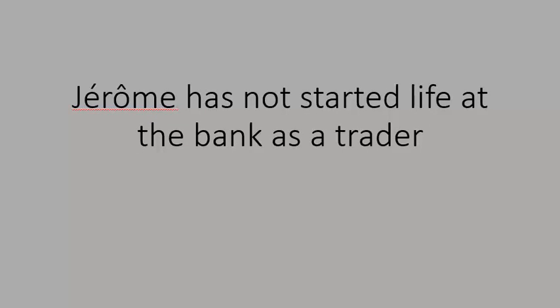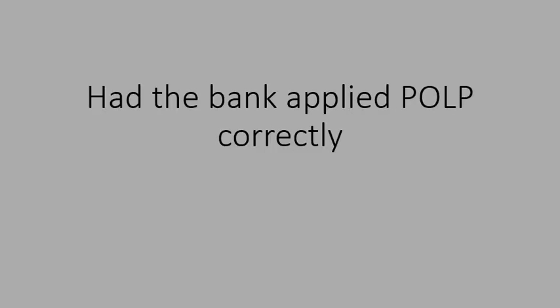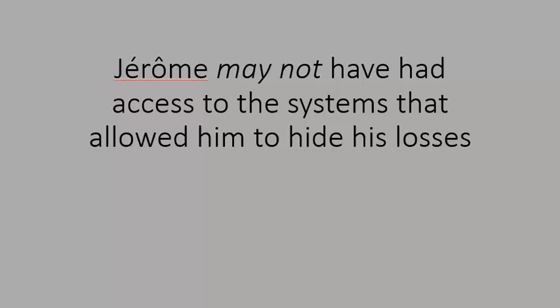Jerome did not start life at the bank as a trader. He'd transferred from another department. Had the bank applied the principle of least privilege correctly, Jerome may not have had access to the systems that allowed him to hide his losses.